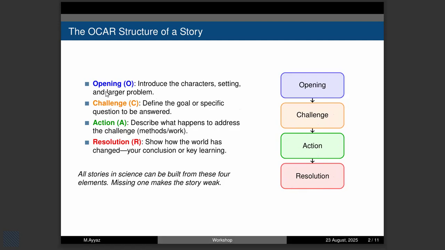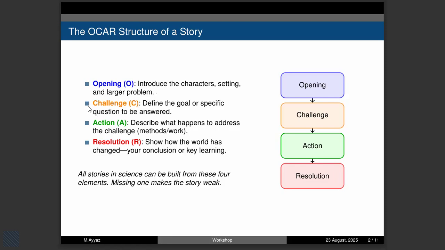So every writing has an opening. It introduces the characters, the setting, and it addresses the larger problem that we are going to solve or introduce in our paper.